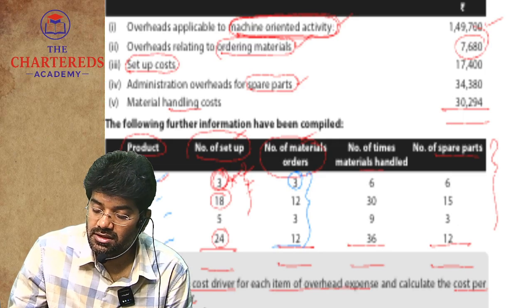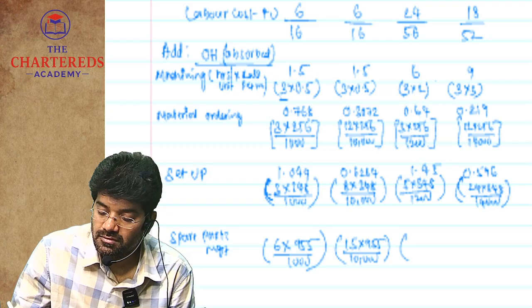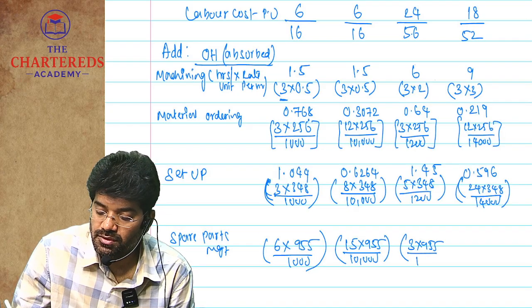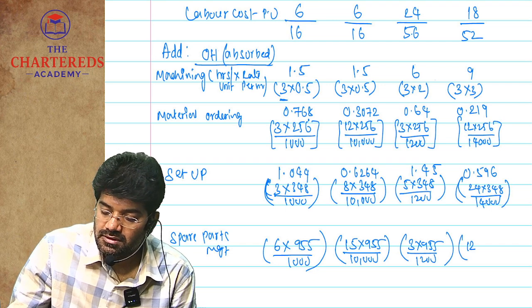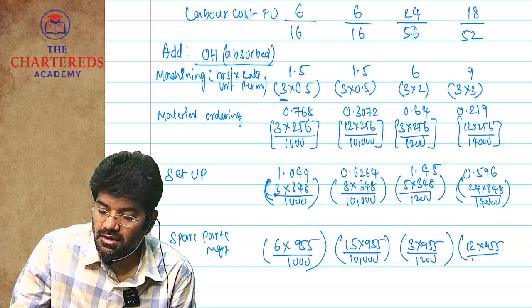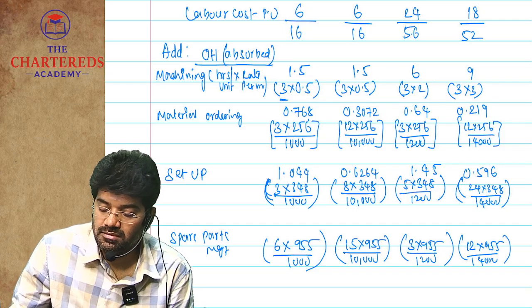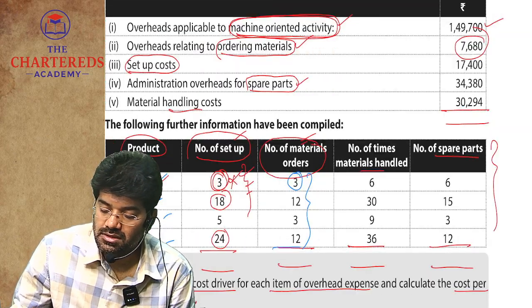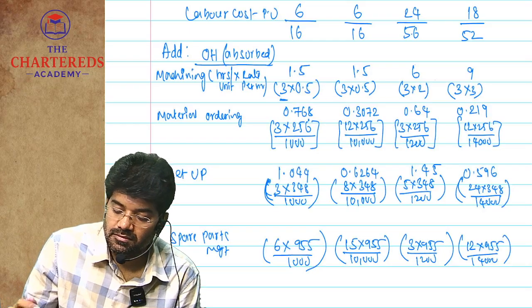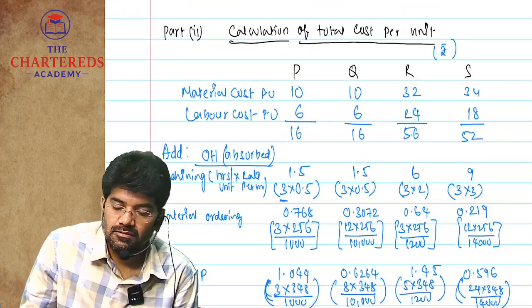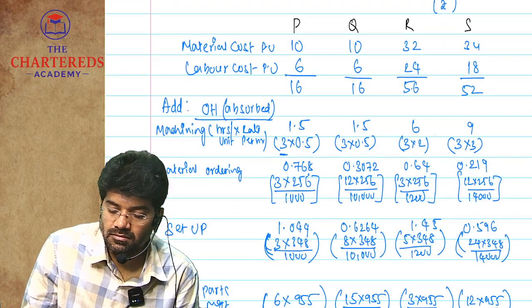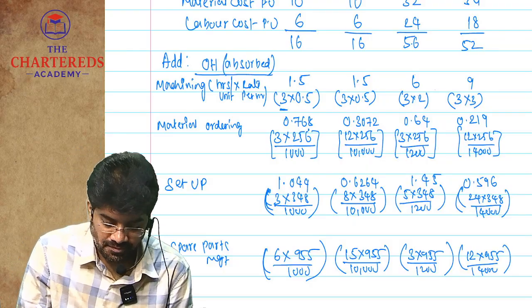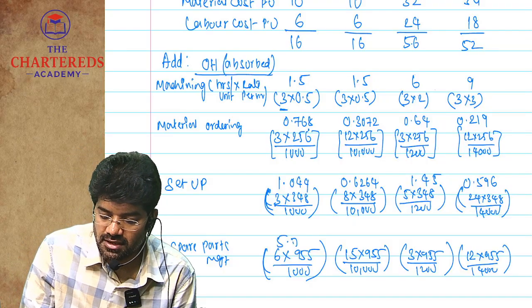Next one is 3 into 955 divided by 1200. Next, here 12. 12 into 955 divided by 14,000. Yes. 5.73.